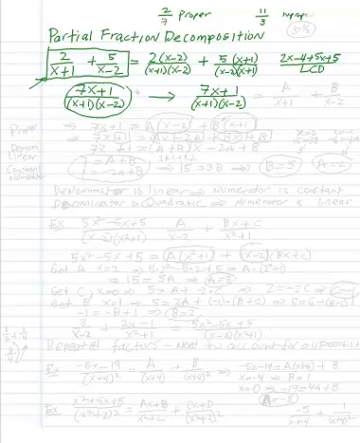And so when we have an improper fraction, we can write it as a mixed number. 3 goes into 11 3 times with a remainder of 2. So 3 and 2/3 would be writing that as a mixed number. And a mixed number is a whole number plus a fraction, a proper fraction.